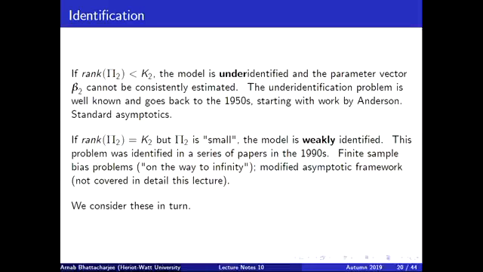Okay? So beta 2 then cannot be appropriately estimated. Right. This problem actually is a fairly old problem, right? So it goes back to the 1950s where Anderson did some fairly important work, and we are going to come back to his name again in a little bit when we go into this a little bit.